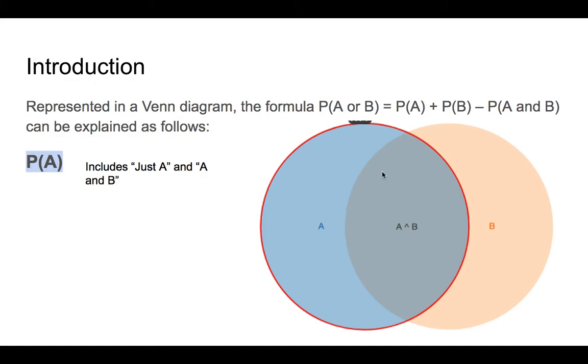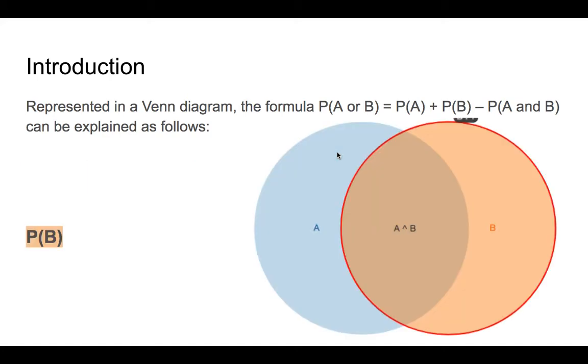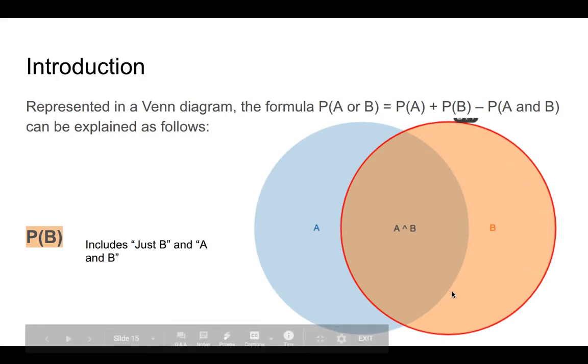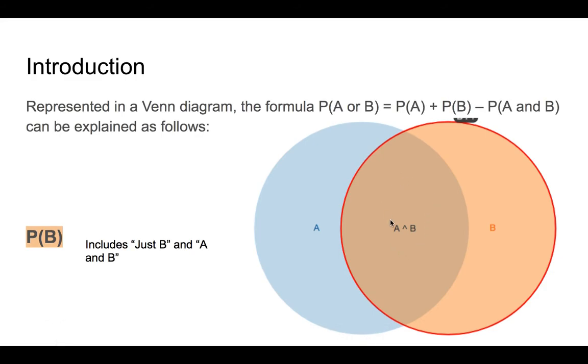Okay, but all of this constitutes probability of A. Probability of B, on the other hand, is pretty much the same. It includes just B region and again an A and B region.